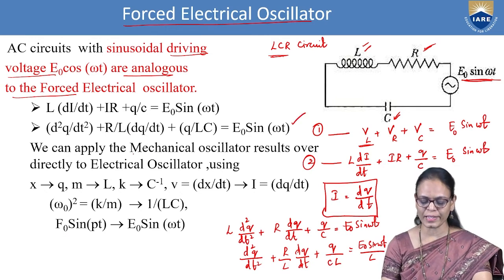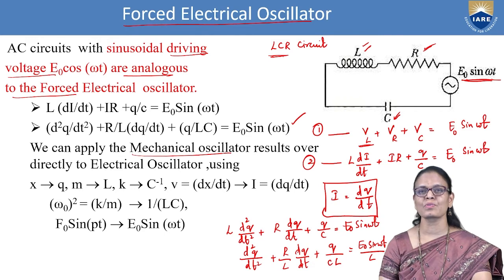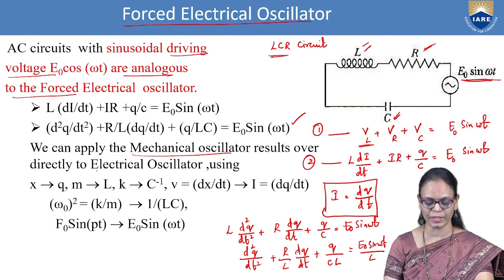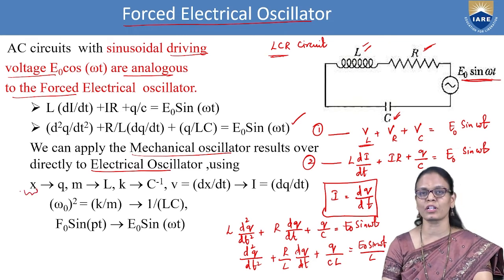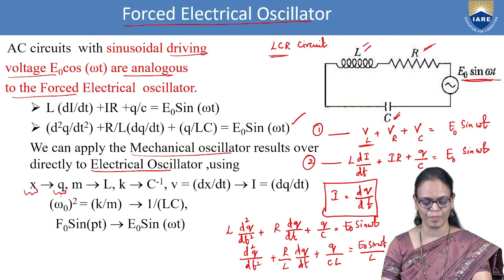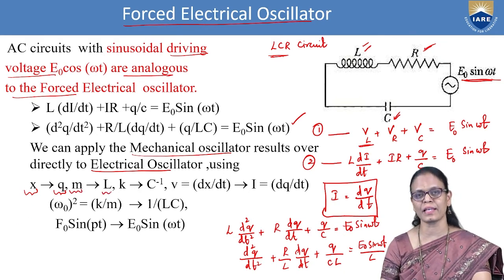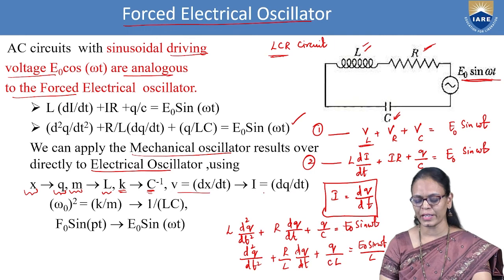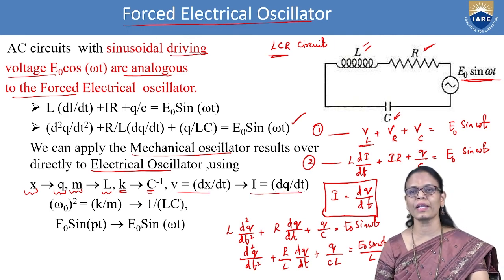Now we will apply the same to a mechanical oscillator. How do we relate the electrical oscillator to the mechanical oscillator? Whatever displacement x we are talking about here is analogous to charge. The mass m is analogous to the inductance L, and the spring constant k is analogous to 1 by C. Where we have taken v equal to dx by dt, here we take I equal to dq by dt.